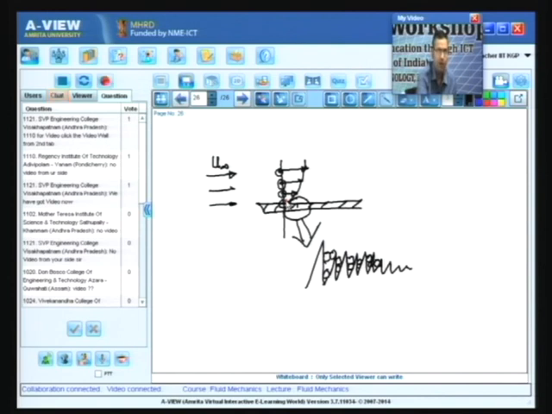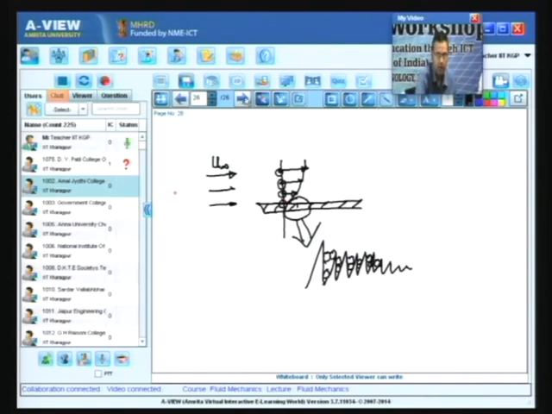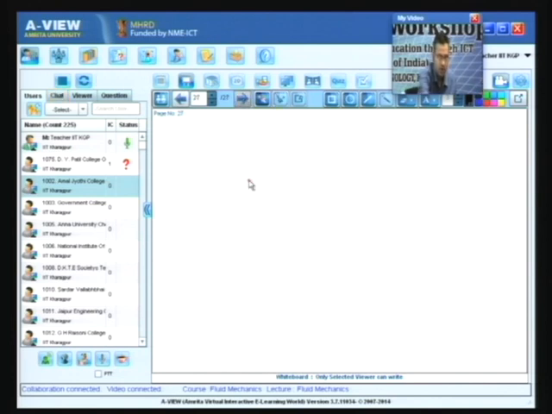Now, when we are planning to do that, let us consider that there is a fluid element whose bottom face is moving with a velocity u and the top face is moving with a velocity u plus delta u.